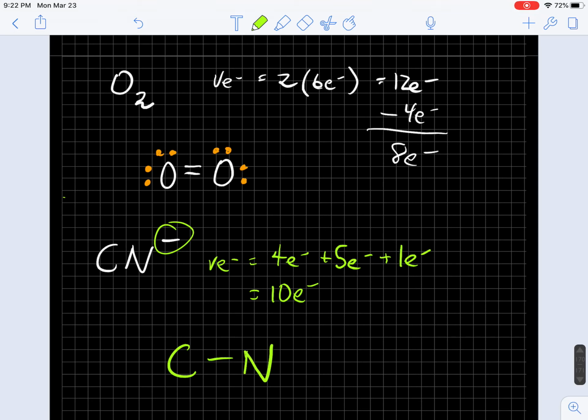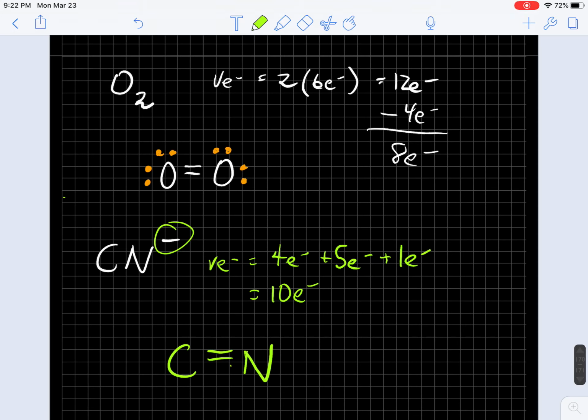So again, there's no central atom. There's only 2 atoms. If we were to do this, we would have 2 electrons for the single bond, and then we would need 2 more here, 2 more here, 2 more here, 10, 12. We would need 14 electrons to complete this, but we only have a budget of 10. So that means we've got to try some double and triple bonding.